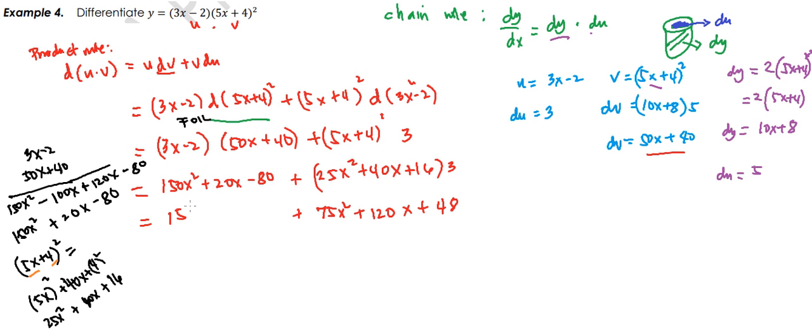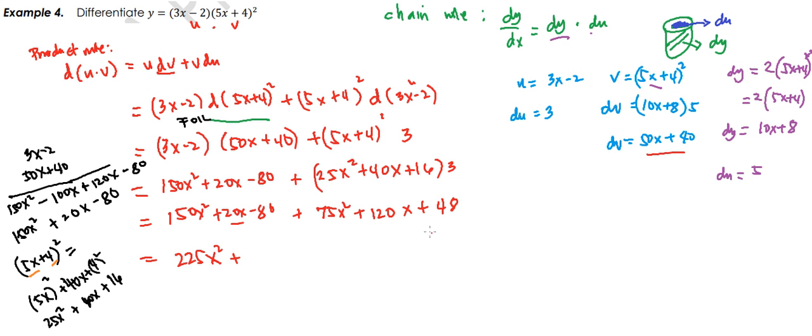So, add natin sila. We have 150x squared plus 75x squared. That is 225. Tama ba? Yeah, 225x squared.